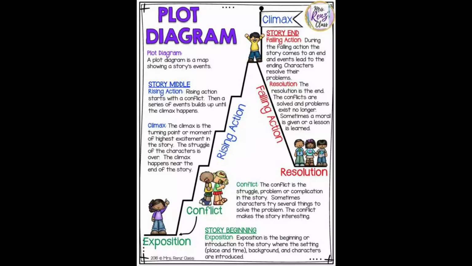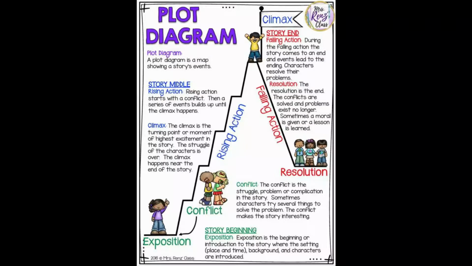So those actions that are happening after the climax are called falling actions. Everything is being solved in one way or another by the author. Then the end of the story and the solutions of the problems is called resolution. Resolution is the end of the story.